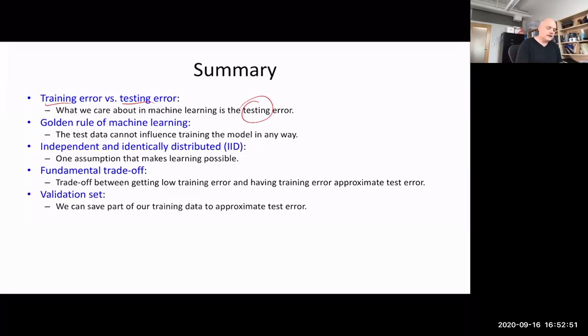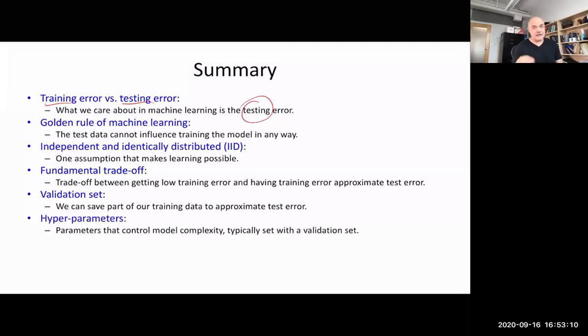And when we do hyperparameter selection, we're going to need to be able to query the test error several times in some sense, right? The way we do that is to keep a validation set around so we can use it to approximate the test error. And we've introduced this concept of parameter versus hyperparameter.